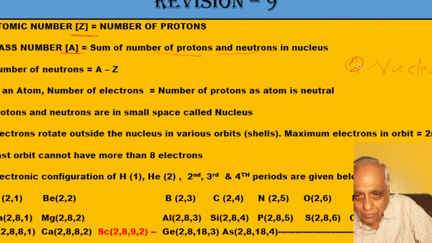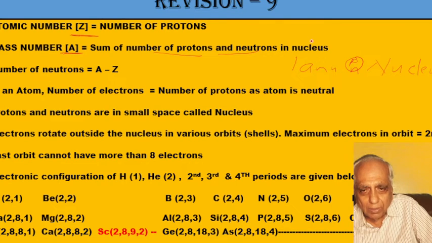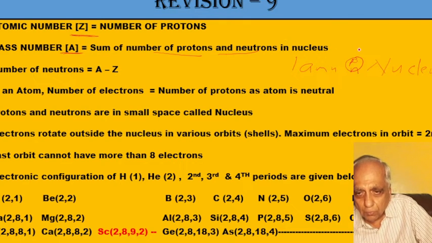The masses of both of them are almost the same, so we say their mass is 1 atomic mass unit. Proton mass is 1 atomic mass unit, neutron is 1 atomic mass unit. Whatever the total is, that is the mass of the atom or nucleus, because the mass of an electron is very, very small compared to that of a proton or neutron. It is 1/1840.